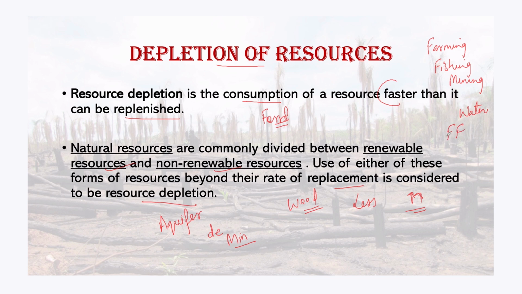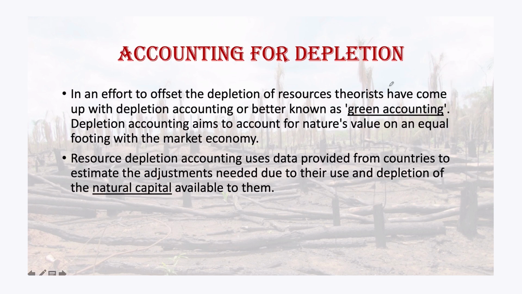Depletion of wildlife population is known as defaunation, because we talk about flora and fauna, and from this fauna the word defaunation is derived.